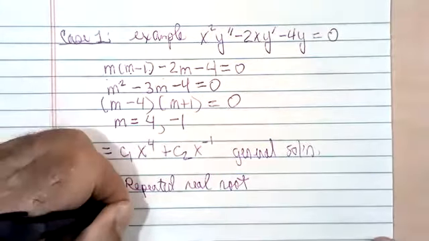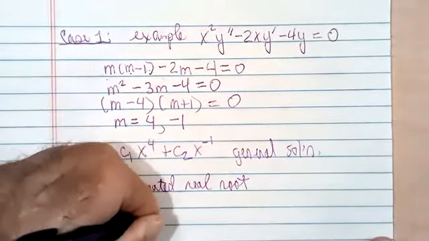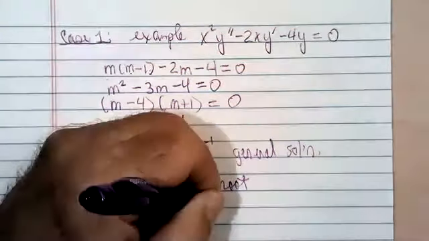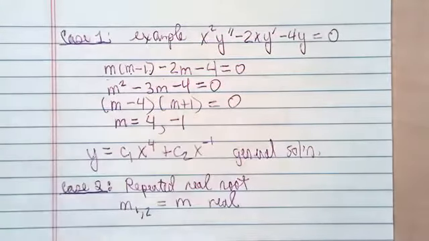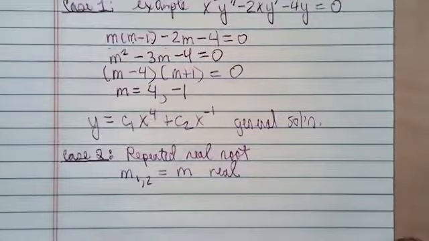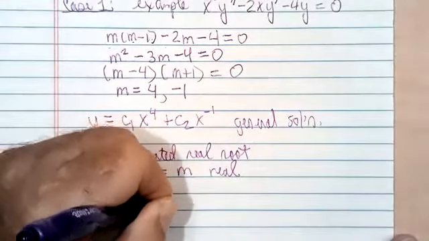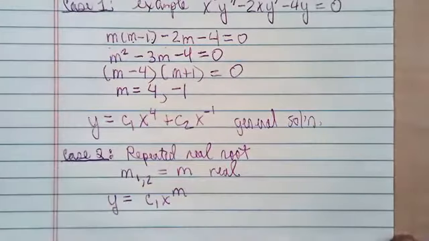So in this case, if m1 and m2 happen to be equal to the same thing called m, and this is real, not complex, then the general solution looks like this. It's c1 x to the m. That much is predictable.